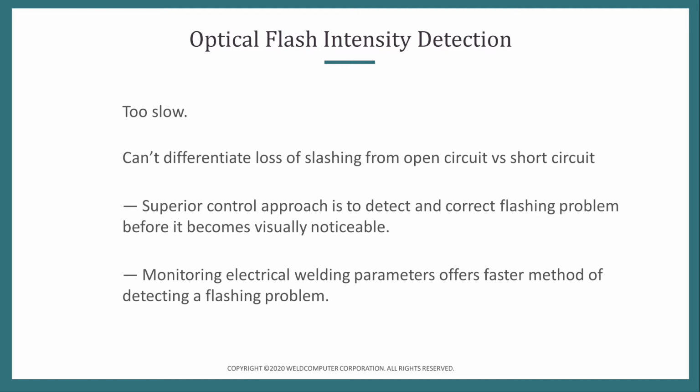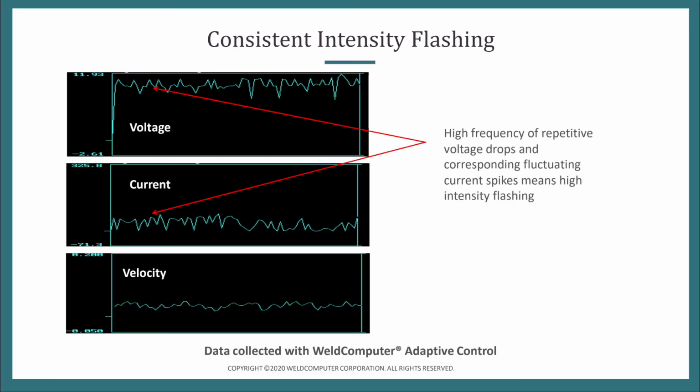So a superior approach would be to use electrical parameters, because you could, let's say within a 10 millisecond time window, figure out what's going on with your flashing. Are you flashing right? Are you flashing too little? Or are you headed into a short circuit?